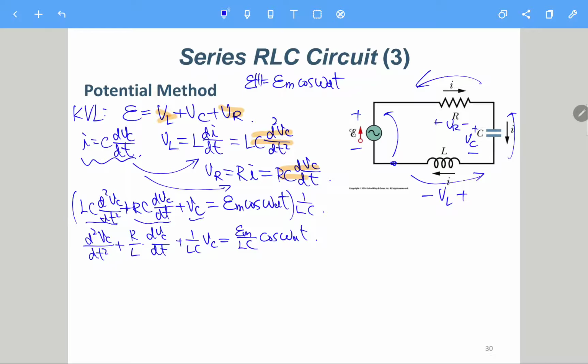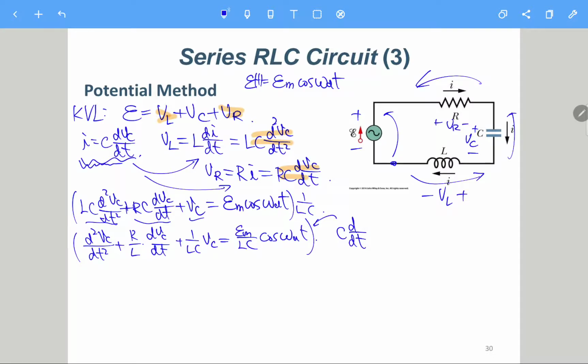Actually we hope to have an ODE with the unknown function being I, so let's multiply both sides by C and take the derivative on both sides.